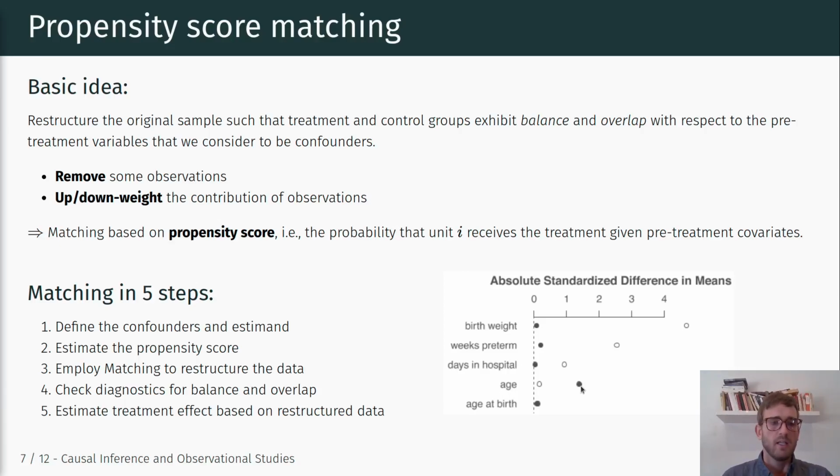Then after we reweighted our data or removed some observations and achieved balance and overlap across our observations, we can now estimate our treatment effects based on the restructured data.